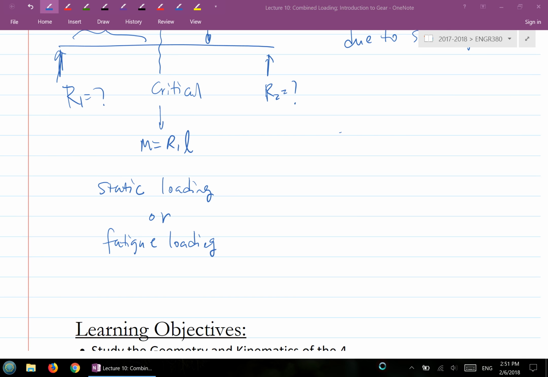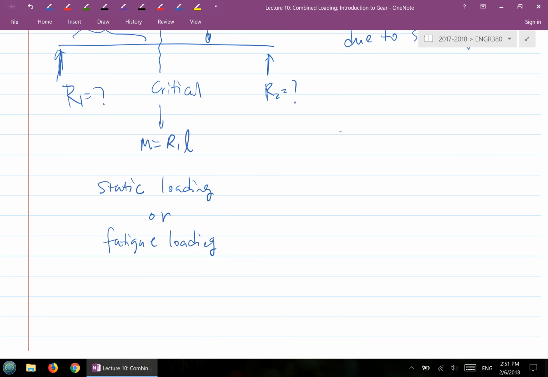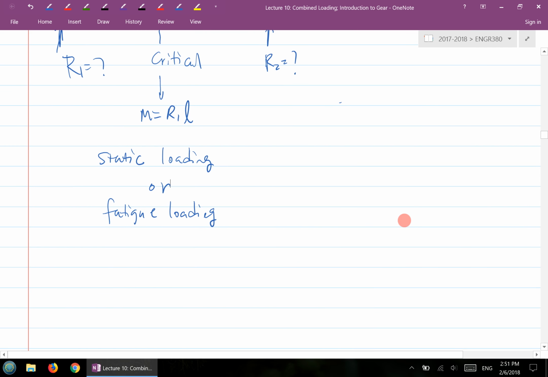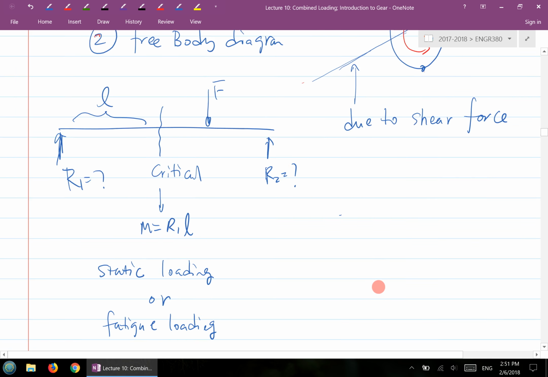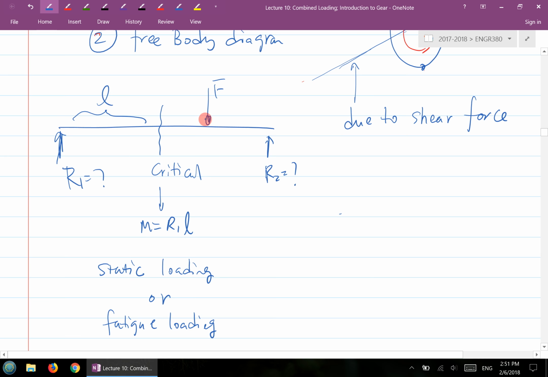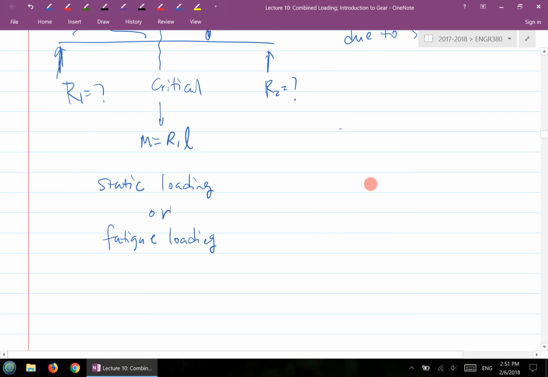A question is static, but they start to use fatigue loading formulas, or the question is fatigue and they just consider static. If the shaft is not rotating and the force is a constant force, it has to be static loading. If you have a stationary force but a rotating shaft, then that's going to be a fatigue loading case. So you've got to ask this question.